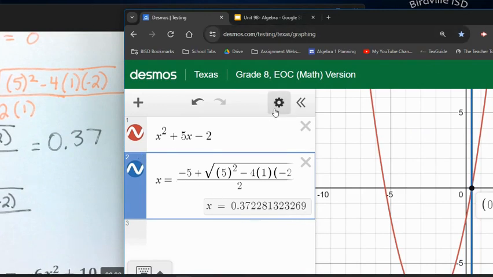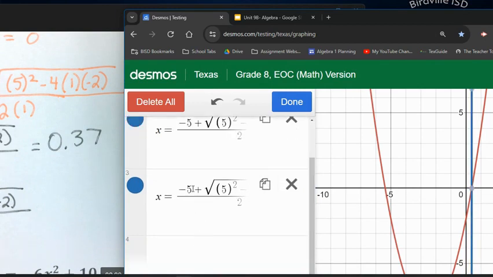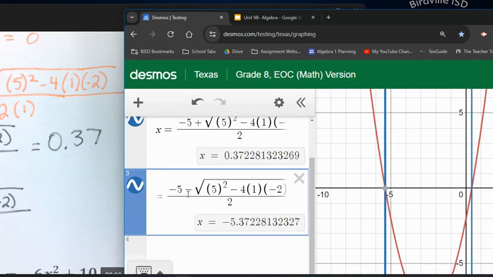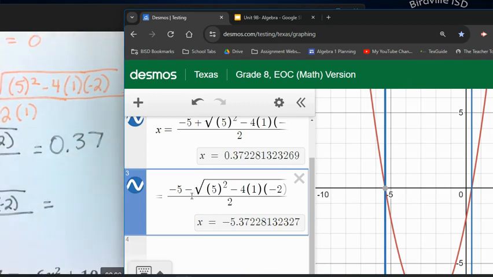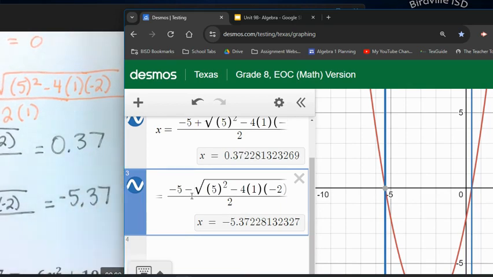Now duplicate this and change the plus to a minus. See what it comes out to be. So we're going to go to 2 decimal places, so that's -5.37.